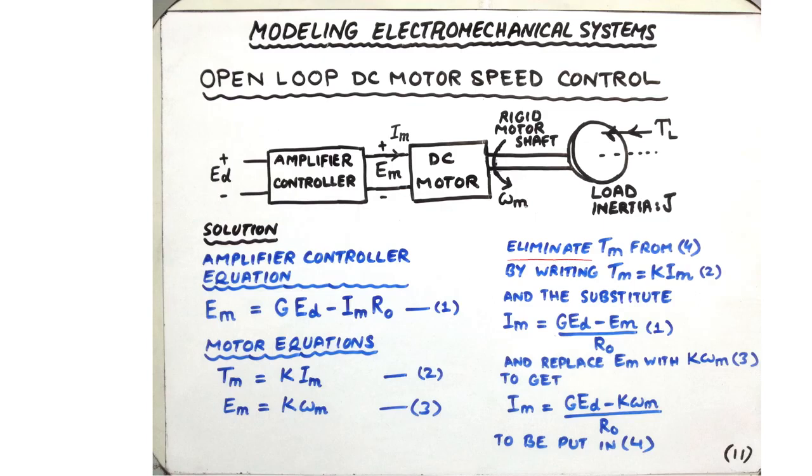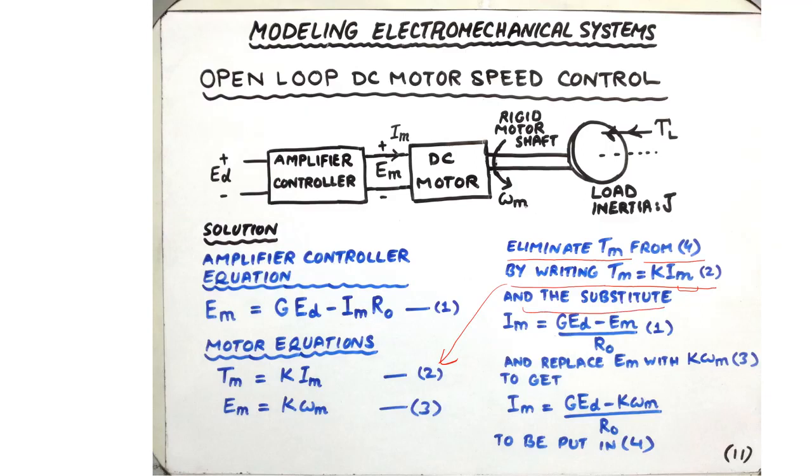Eliminate the motor torque Tm from equation 4. And that is done by first expressing the motor torque in terms of motor current given in equation number 2. So when we try to eliminate the motor torque, we introduce the expression of motor current Im. But that also needs to be eliminated.